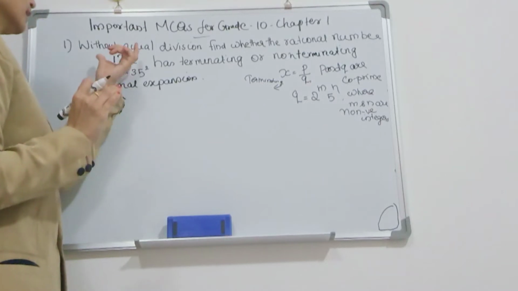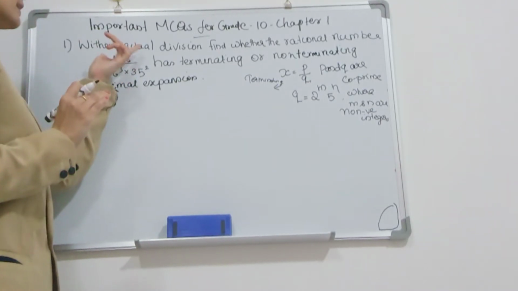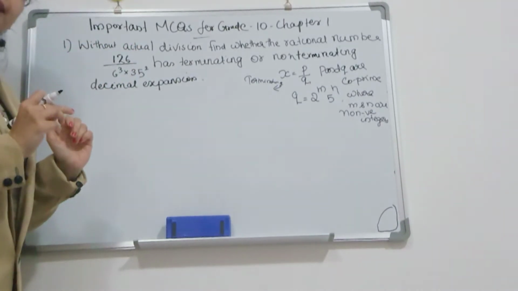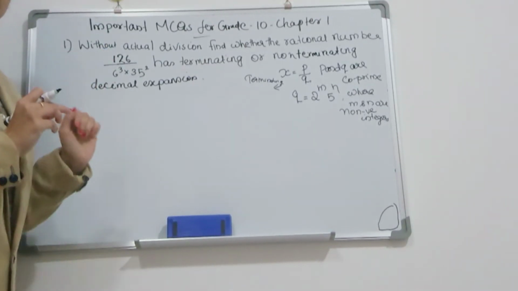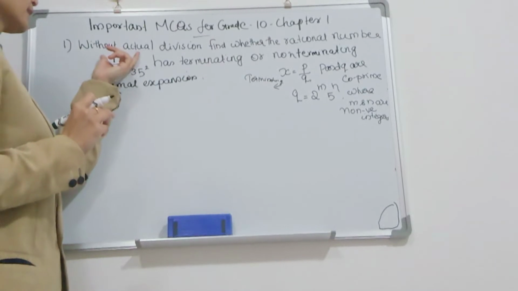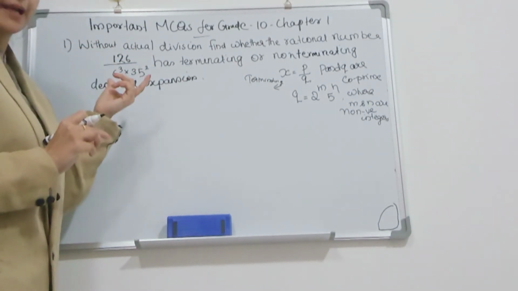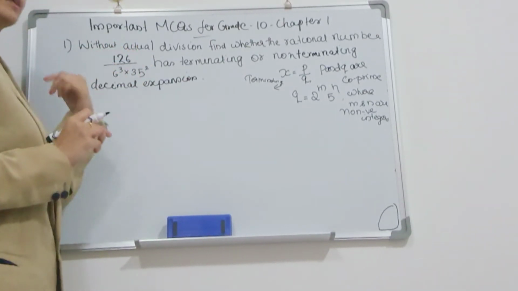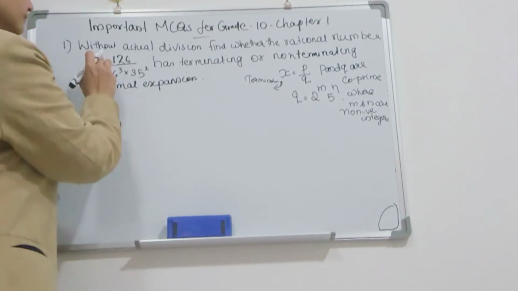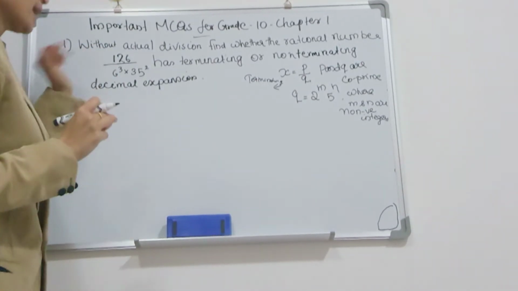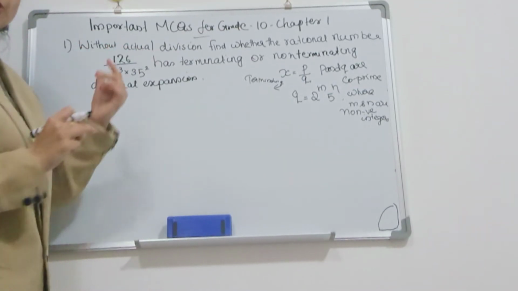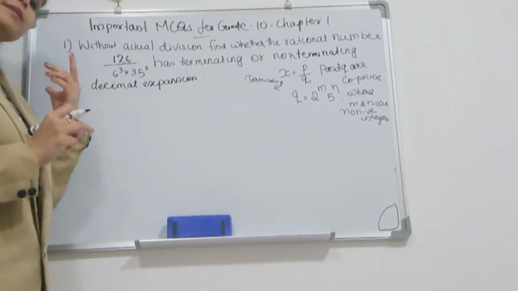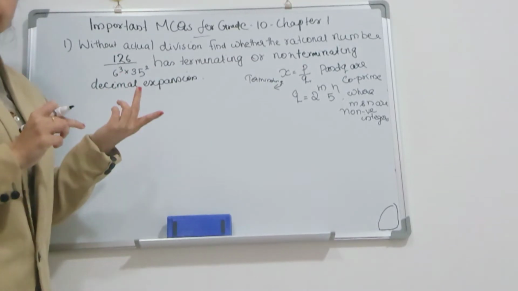For this, if the numerator is not a prime number, you have to write this numerator and denominator as a product of prime numbers. If it is a prime number, no need to change.